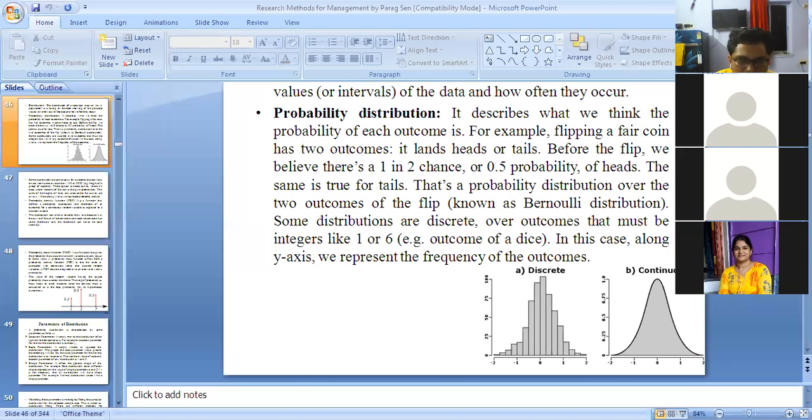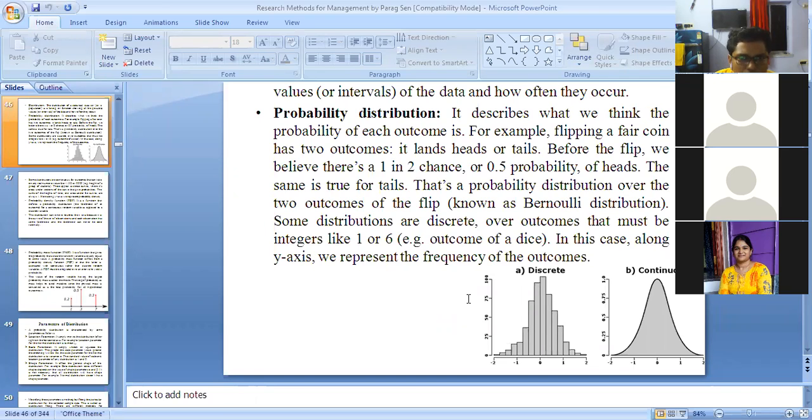But what you are representing along the y-axis, that is the question. In case of discrete distribution, along the y-axis you are representing only the probability.